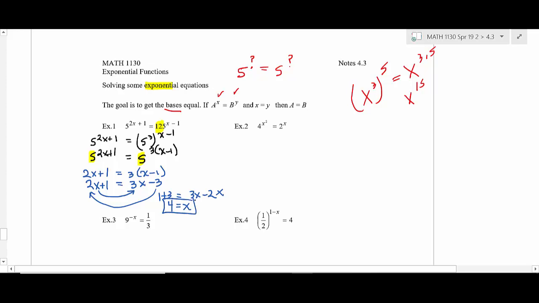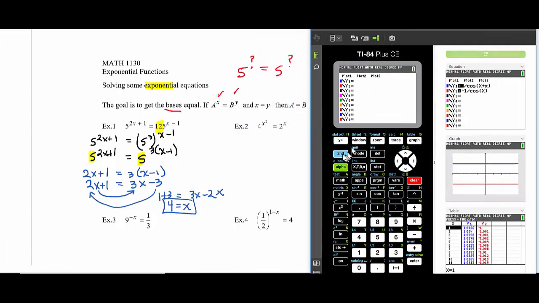And that's it. Now, one thing you can do on a problem like this, you can check it by hand, but I was going to show you maybe on a couple of these. You can take your answer and just plug it in. So you could go 5 raised to the 2 times 4 plus 1.